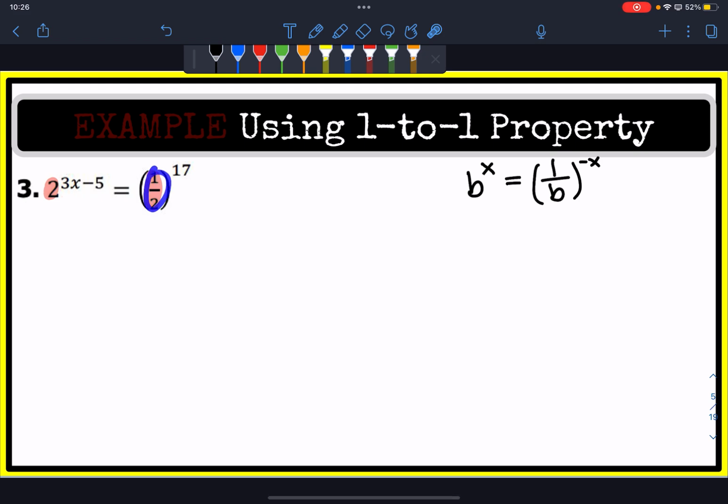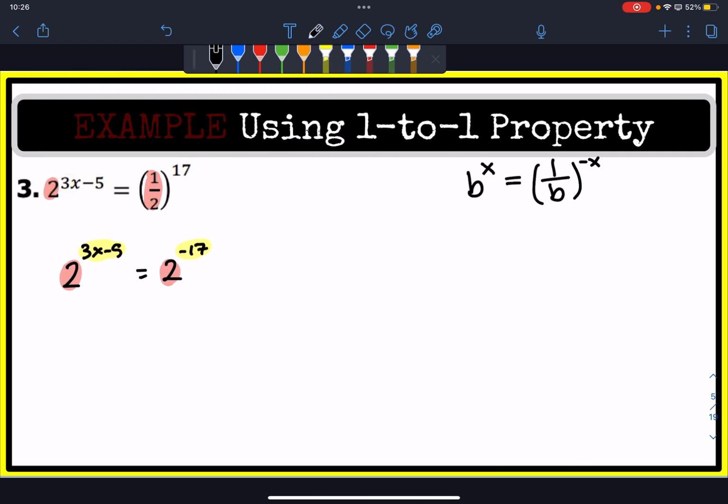Notice if I flip this number, let me just write 2 to the 3x minus 5 first, and I flip 1 over 2 and write it as 2 over 1, which is just 2, that changes the exponent from a positive 17 to a negative 17. And now, by using this property, I have rewritten this number as a base 2, and because of that, our exponents are now equal to each other.